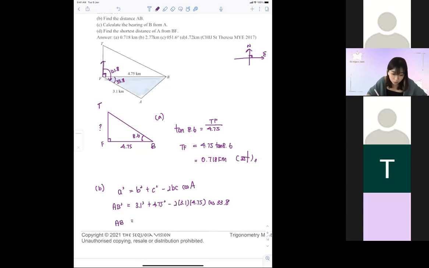You will get 7.7000 something something. Once you square root, you will get 2.77 to 3 SF. Later on, if I want to use AB, I use the exact value. I forgot to put the unit km, sorry.